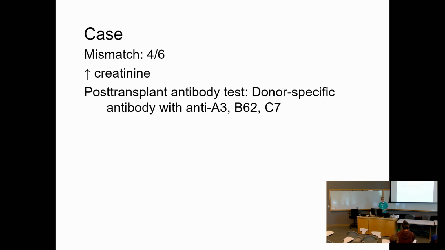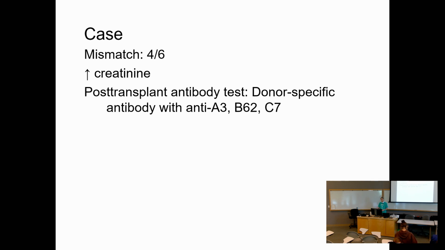Well, what test do you want to do? Based on what test we know we can do. So we can look for more anti-HLA antibody. We know that pre-transplant you had no antibody, and now we can look for antibody and see what that antibody is.